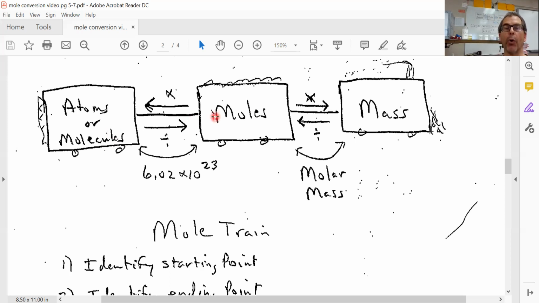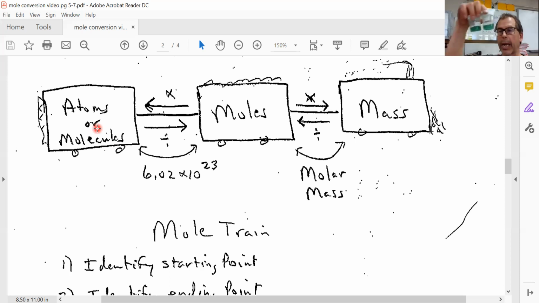So going from moles to molecules, if we're dealing with a compound, or moles to atoms, if we're dealing with a single element, or moles of eggs to actually number of eggs, if we were talking about eggs, it doesn't matter. This moles and number, we'd multiply by 6 times 10 to the 23rd.